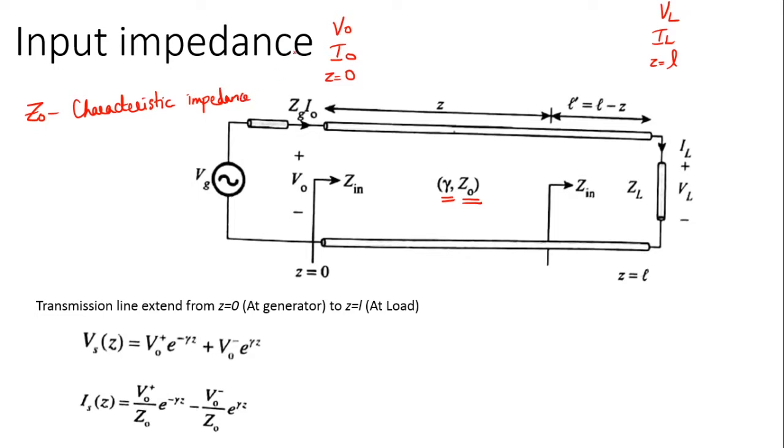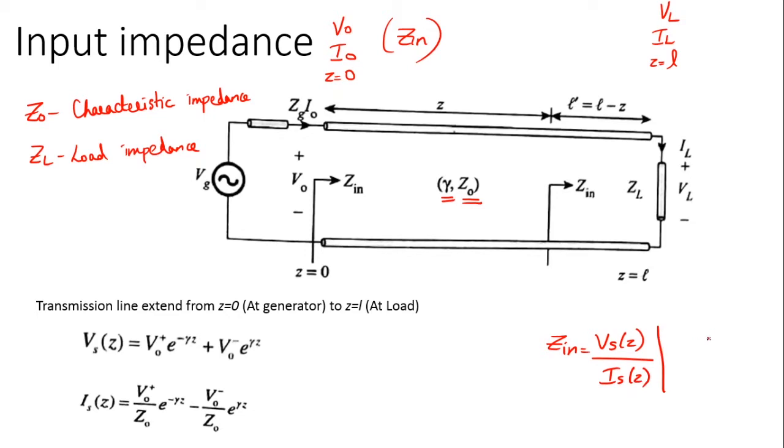And we are going to derive the input impedance, given by Zin, in terms of ZL, that is the load impedance. We can calculate the input impedance at any point of the line, and Zin is equal to V(z) divided by I(z), and this is valid at any point of the transmission line.